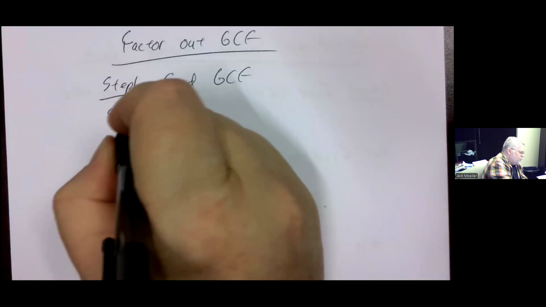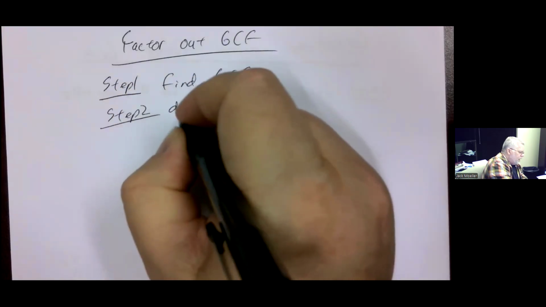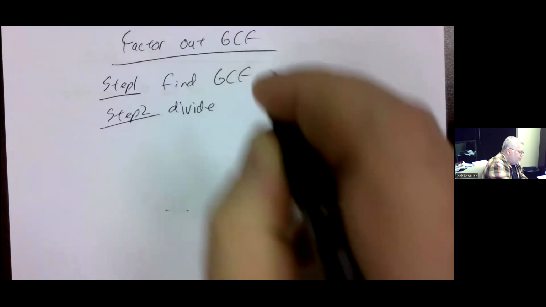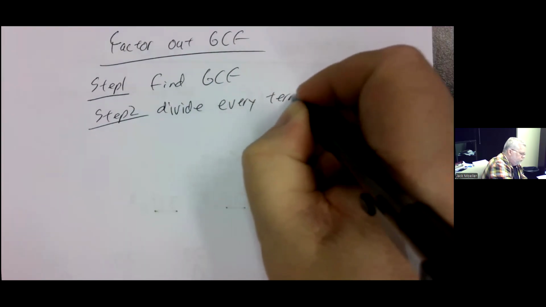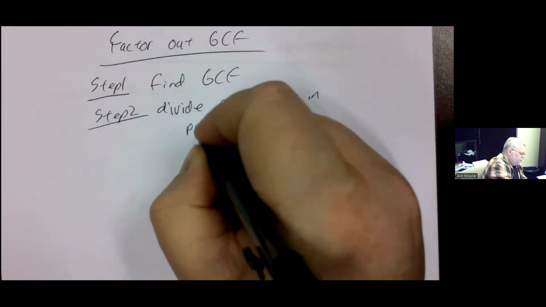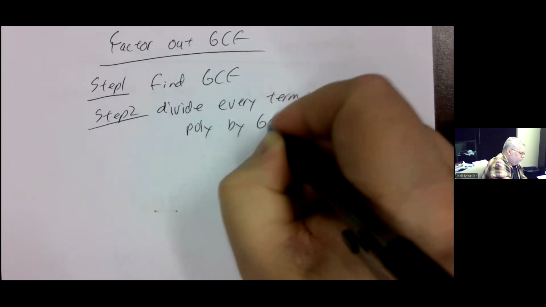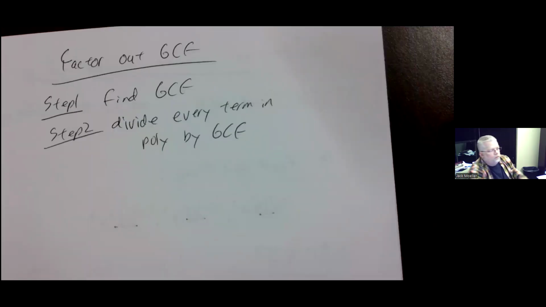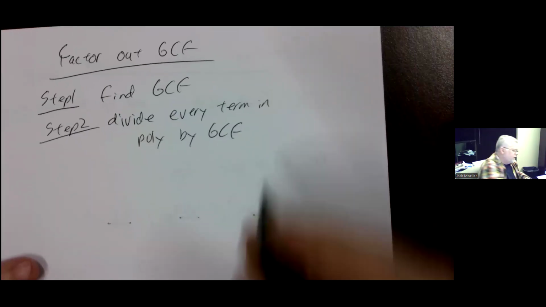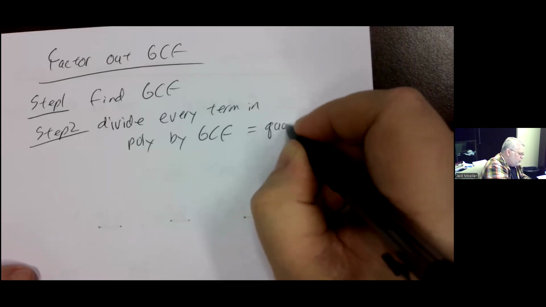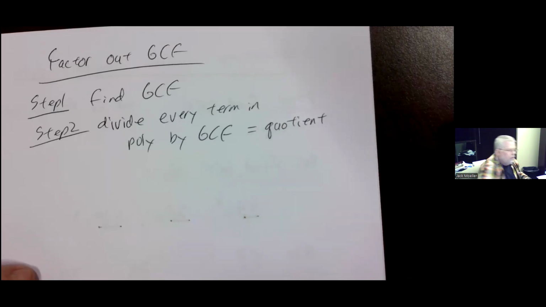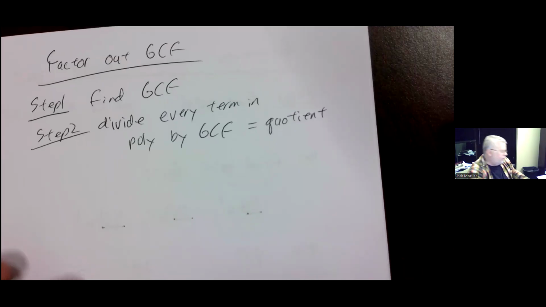And step 2 is you're going to divide every term in the polynomial by the GCF. Okay, so every single one has to get divided by the GCF. This is going to be our quotient. This is going to be our remainder, to a division problem.